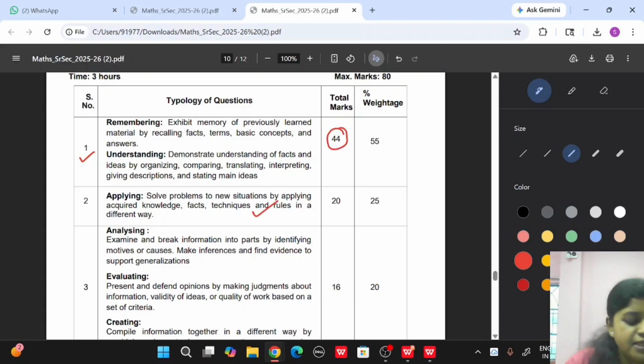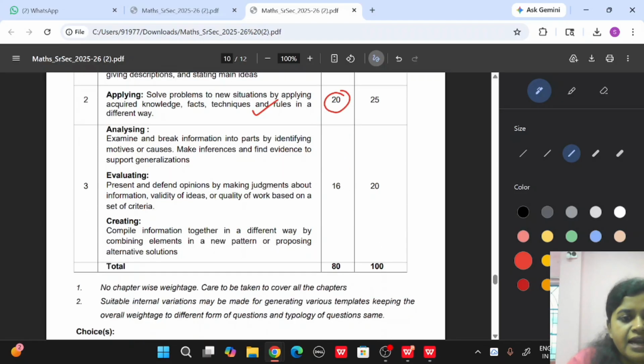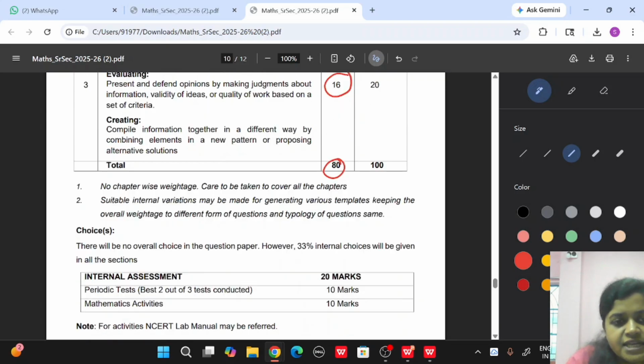Next, application questions: for the application portion 20 marks are given, and for analyzing, evaluating and creating, 16 marks are given. So in total 80 marks for the written exam.